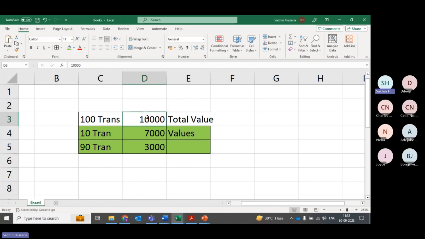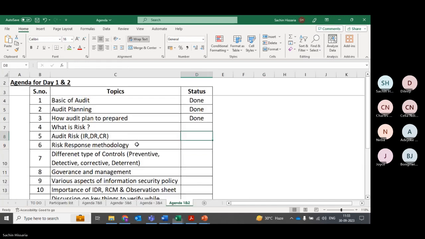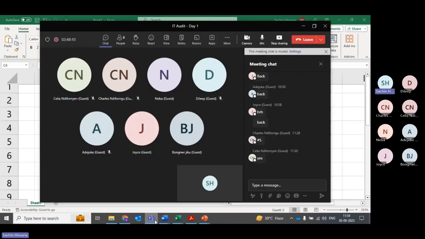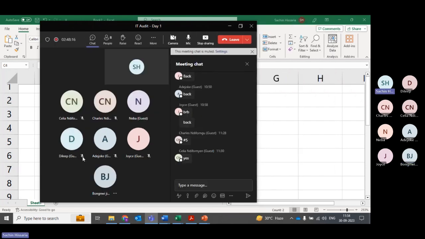So out of these 100 transactions, which transactions are material in nature? Tell me, guys. 10. Okay, what about others?